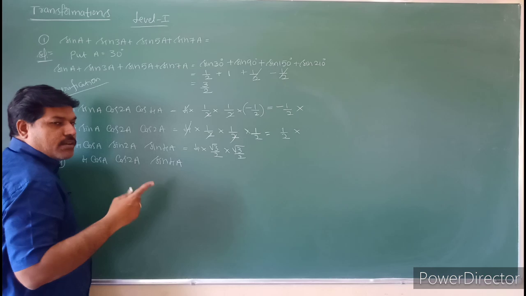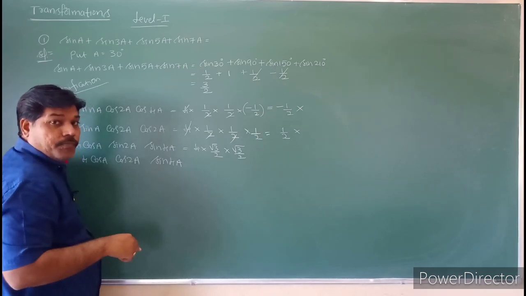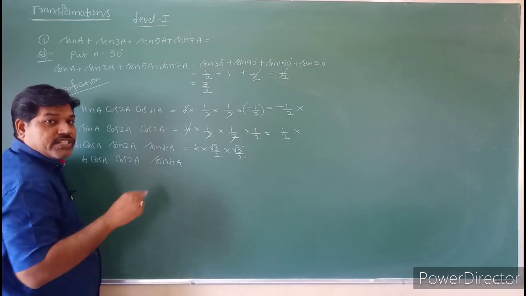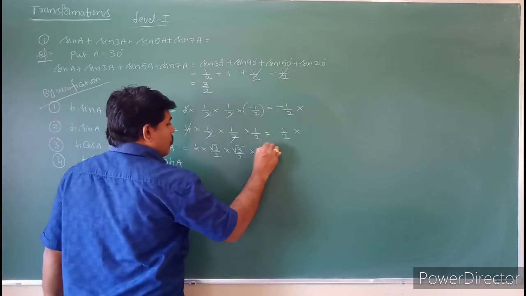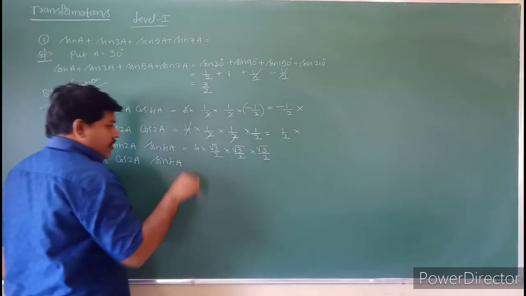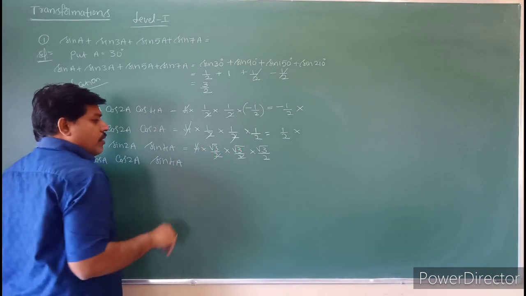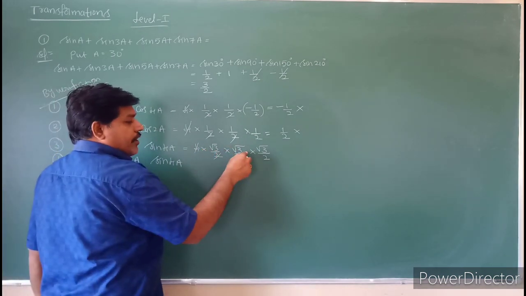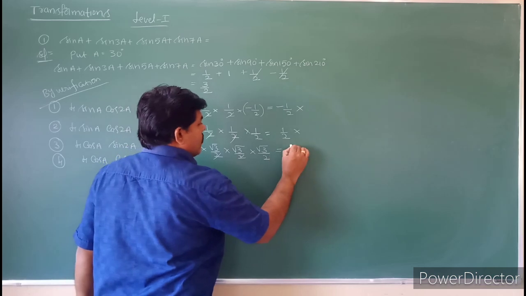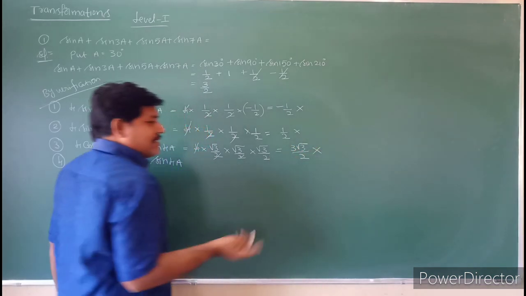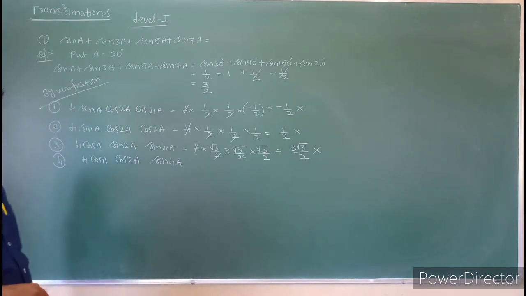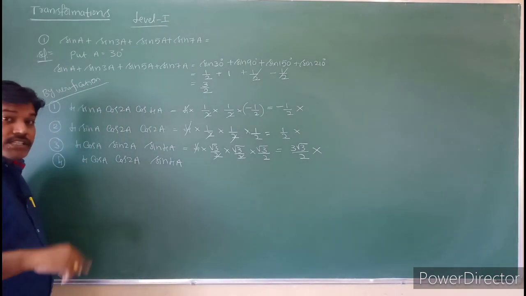Sin 120 is nothing but sin of 180 minus 60, so sin 60 value is root 3 by 2. So that value is also root 3 by 2. So what happens, students? 4, 2, 2 will be cancelled. So root 3 into root 3 into root 3 will become 3 root 3 by 2. But it is not the option. So that is how to verify the answers.